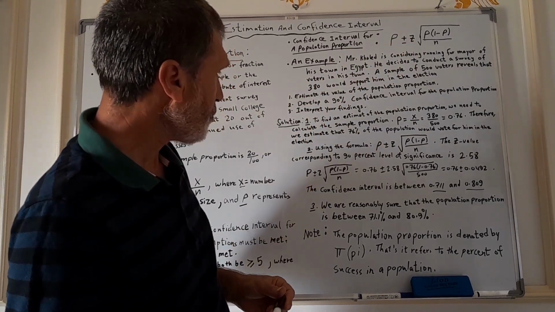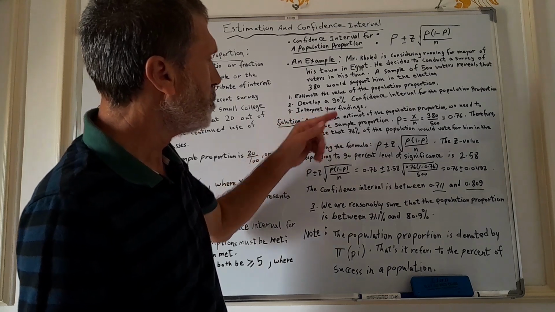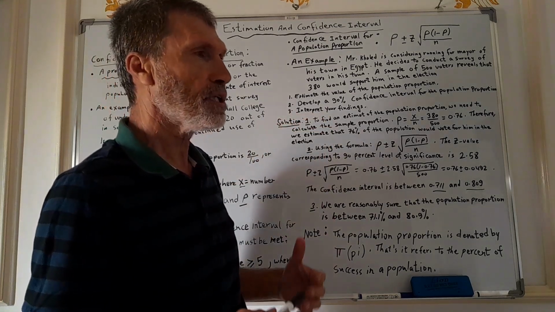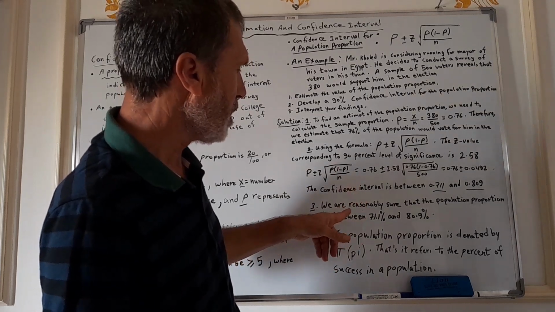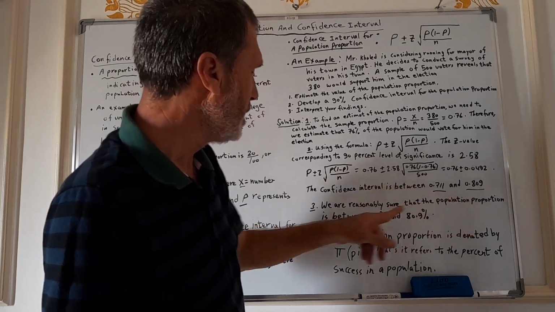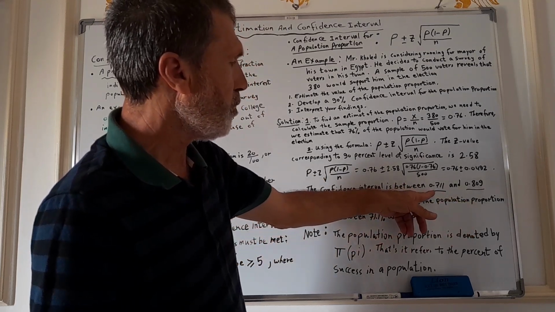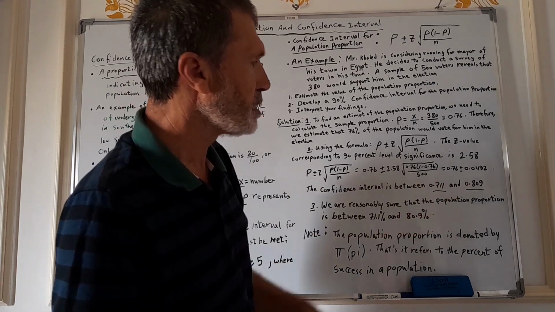Now, question number 3 says interpret your findings. How do we interpret the findings? We say that we are reasonably sure that the population proportion is between 71% and 80.9%.